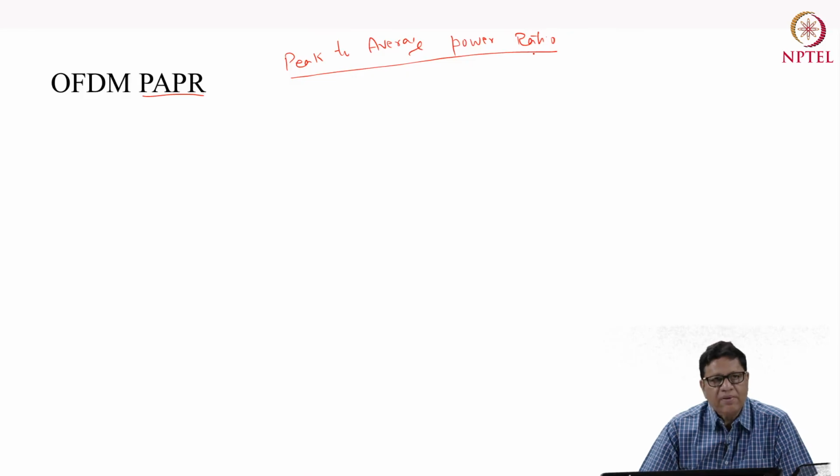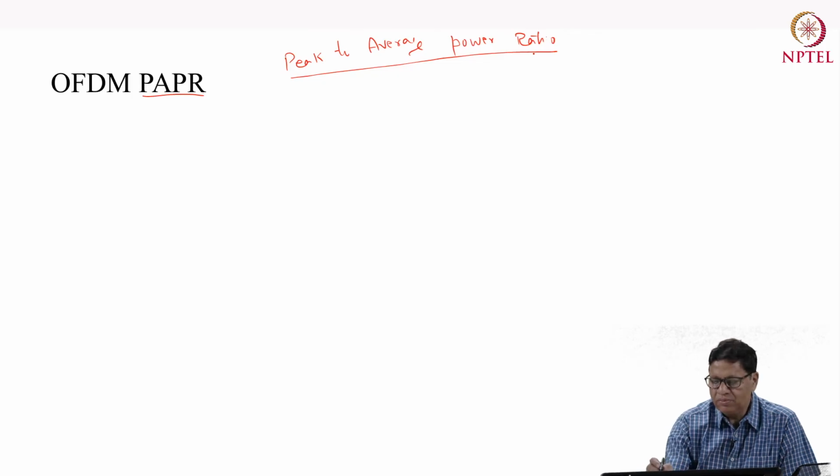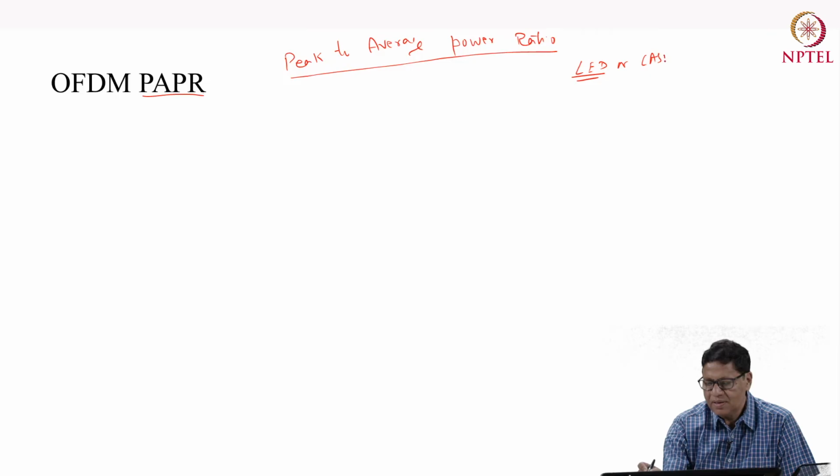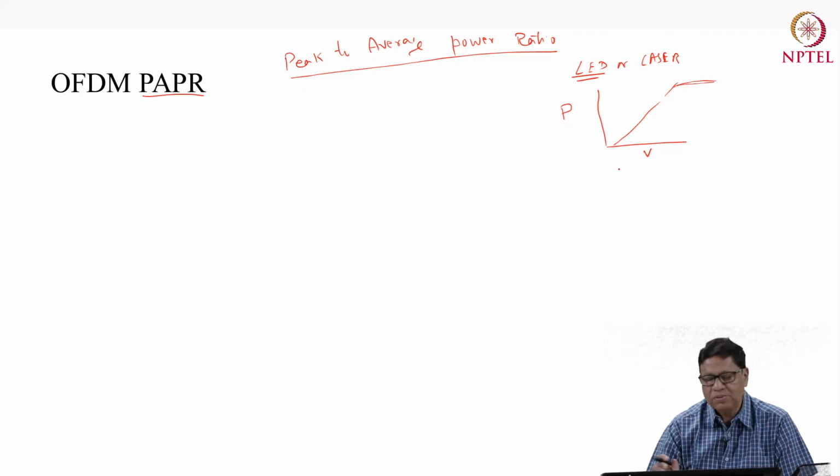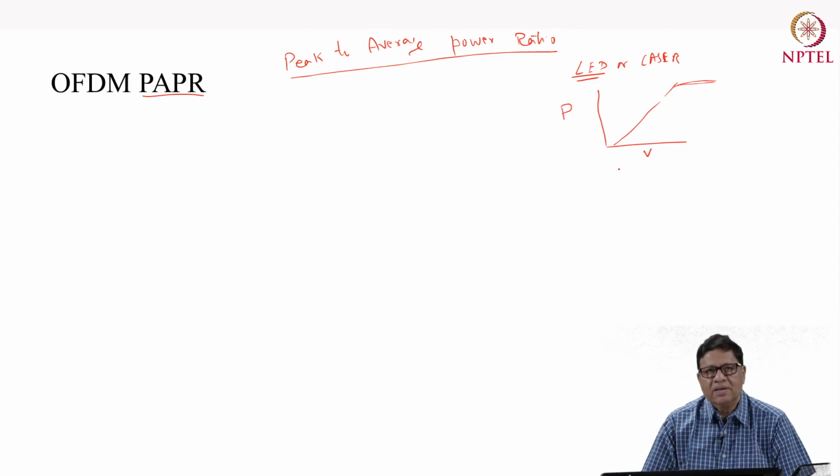This is very important in OFDM because the OFDM signal has high PAPR, and we know that in an optical wireless communication system we normally use LED or laser, and if you see their characteristic, this is the voltage or current I given to the device, and this is the say power output P. Then for LED it is linear and it has some dynamic range. After that it sort of saturates, and for laser also it is linear. So both the devices have some limited dynamic range.